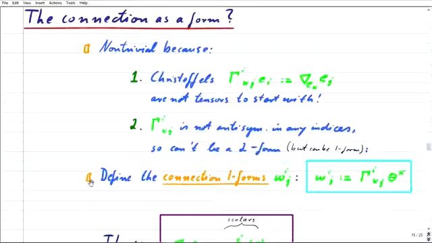And the Christoffel symbols are not tensors to start with. And also, the Christoffel symbol is not antisymmetric in those two indices. If the Christoffel symbol were antisymmetric in those two indices, then you would have a weird kind of physics. No curvature, only torsion.